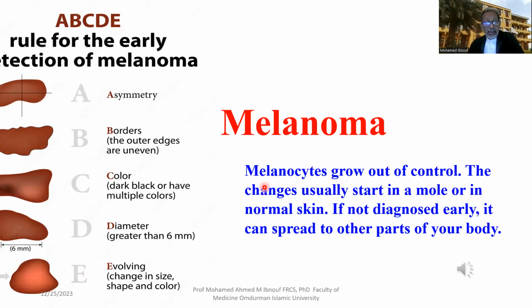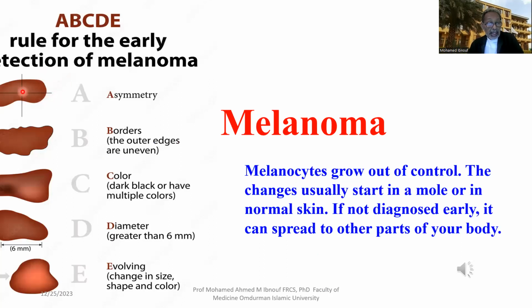Now we speak about melanoma. Melanoma is a dangerous malignancy due to melanocytes of the skin that grow out of control. The changes usually start either in a mole or in normal skin. And if it is not diagnosed early, it will spread to other organs in the body. To diagnose melanoma in the skin, usually we make a cross like this and we look at each quadrant.